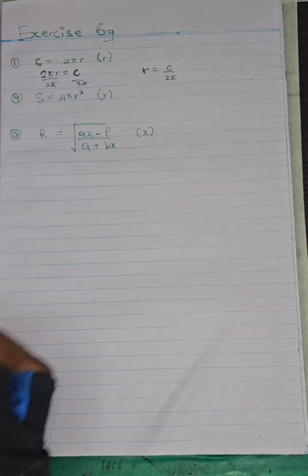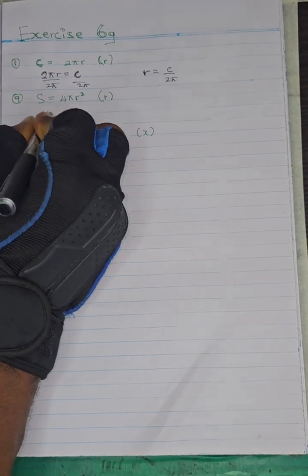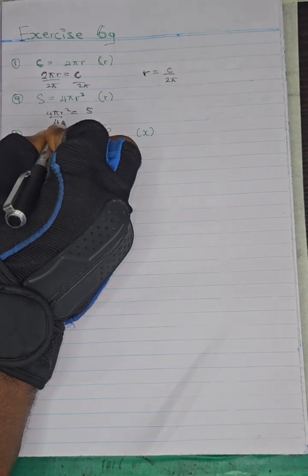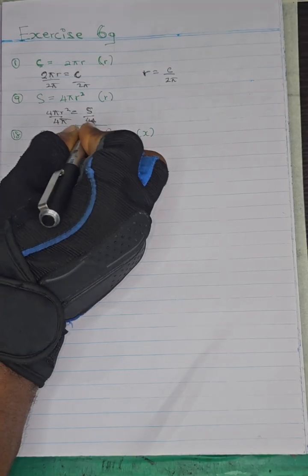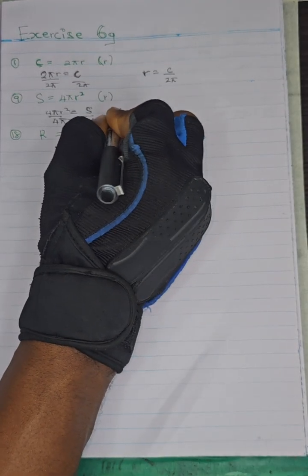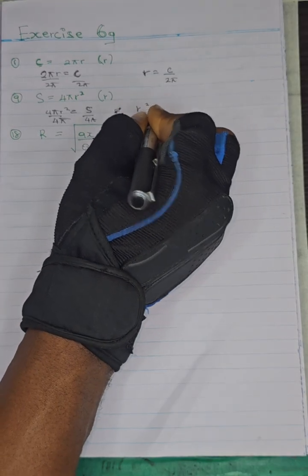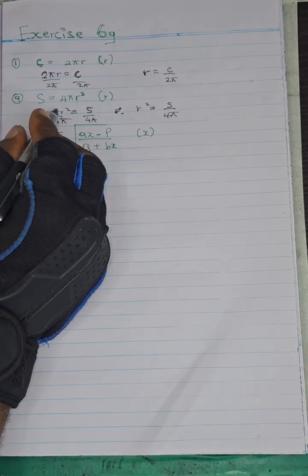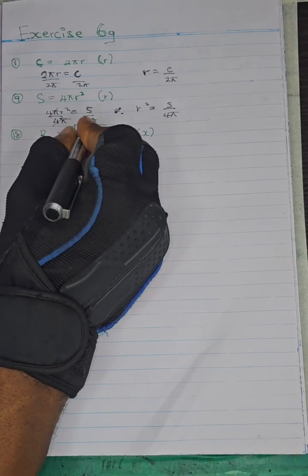Very simple. So number 9, we have this. I can write it as 4 pi r squared is equal to s. First we are going to divide both sides by 4 pi, so r squared is equal to s over 4 pi, because 4 pi will cancel out while this expression still remains.